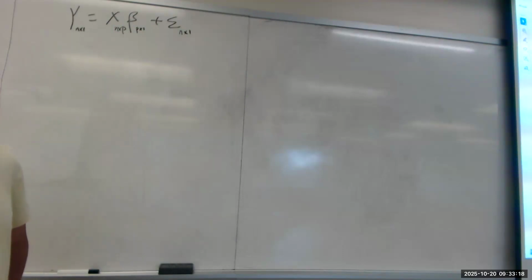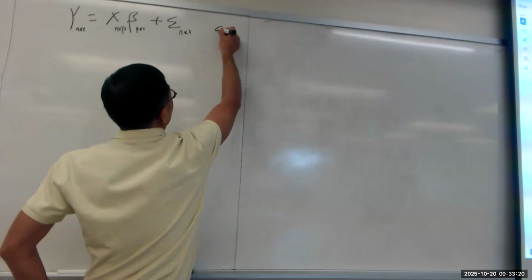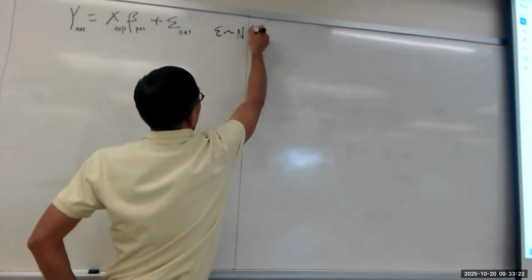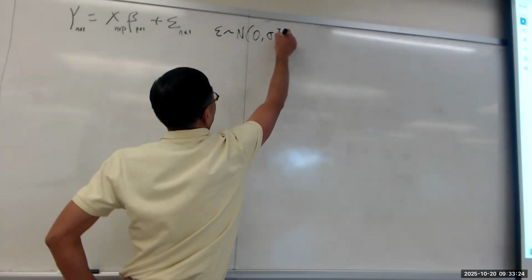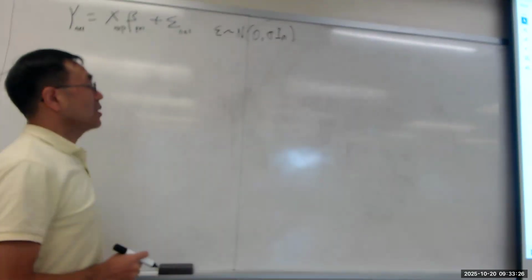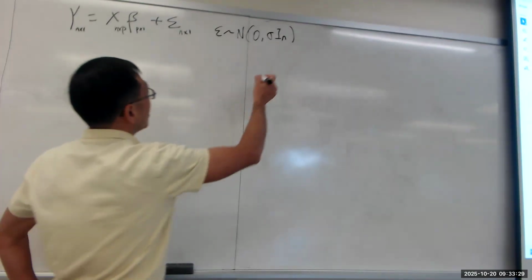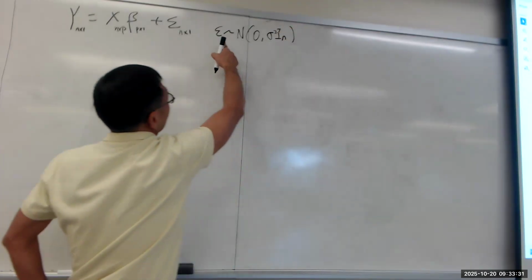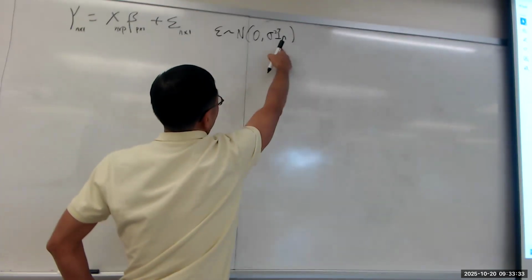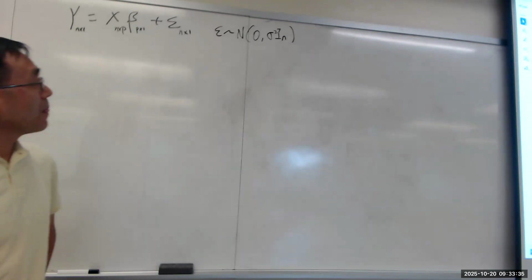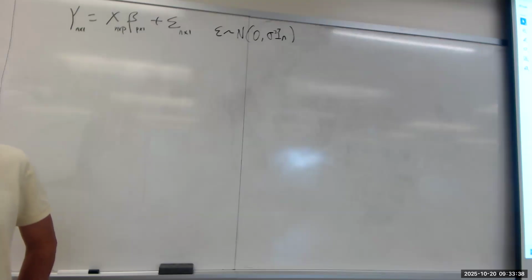In the usual way, we assume epsilon follows a multivariate normal with mean 0 and covariance structure just the identity. So epsilon follows the normal with mean 0 and variance sigma squared times I_n, right? This just means the errors are IID normal distribution.